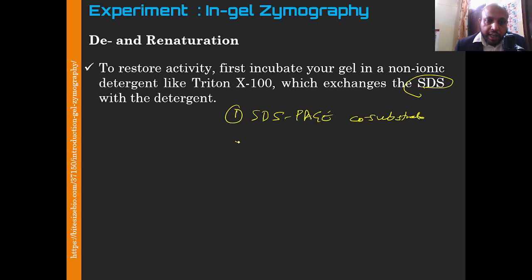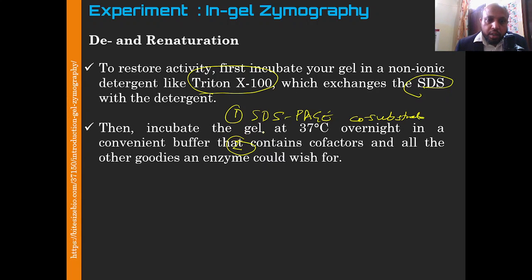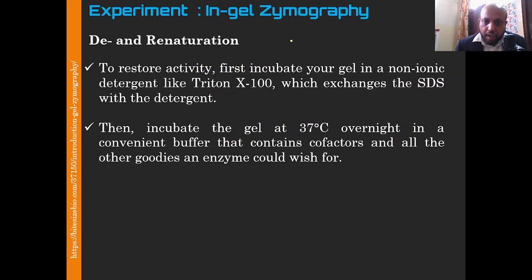So to restore the activity in the same gel, what you can do is put in a non-ionic detergent like Triton X-100, which exchanges with your SDS detergent. It is like a dialysis happening, and after that you incubate your gel at 37 degrees overnight with the buffer as well as the cofactors, like calcium or magnesium if required, and then your enzymes will be active enough.